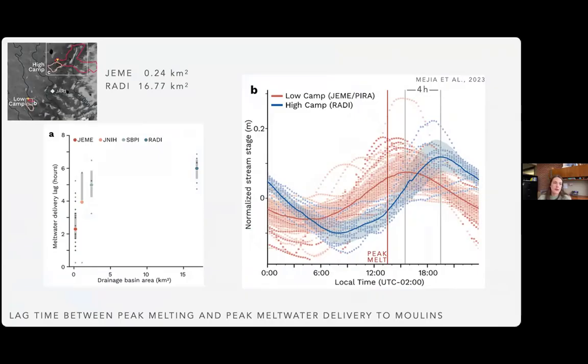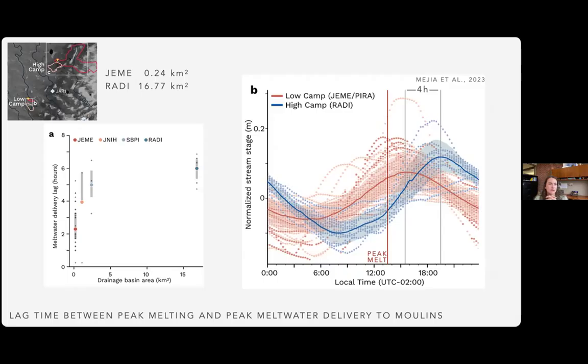We have our two main catchments: our low camp catchment, Jamay, which was only 0.24 square kilometers, a very small area, whereas our upglacier or high camp main catchment, Radical, has an area of almost 17 square kilometers. So quite significant areas that they're draining there on the ice sheet.